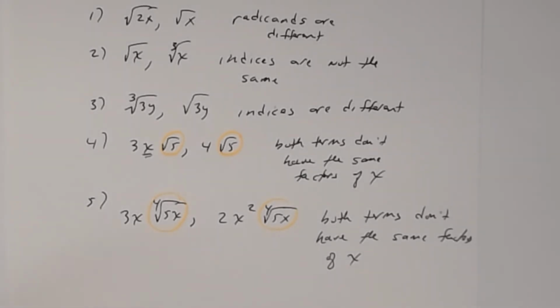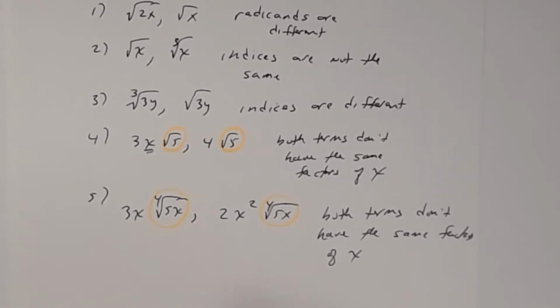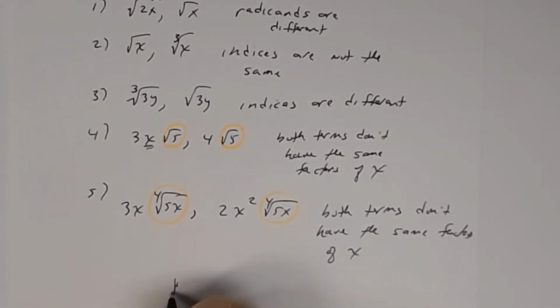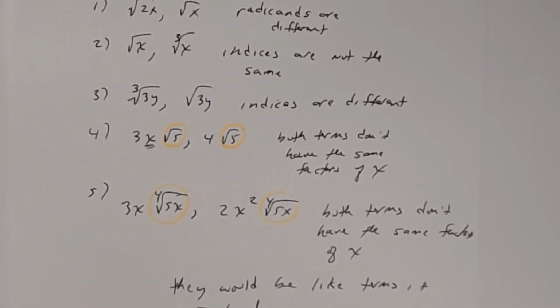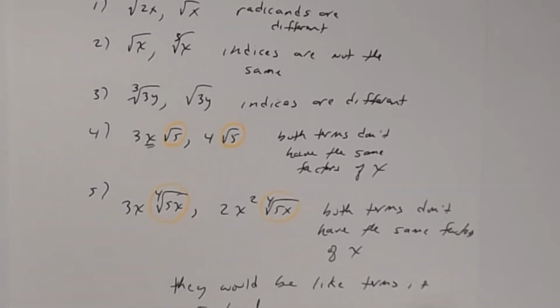All right. Just to remind you, they would be like terms if I had something like this: 3x squared, 4th root of 5x, comma, 2x squared, 4th root of 5x. Oops, sorry.